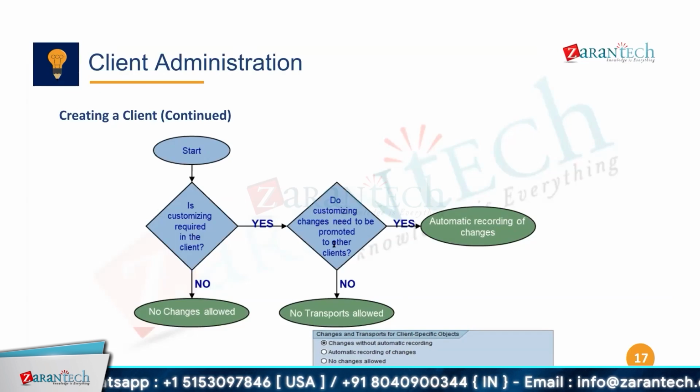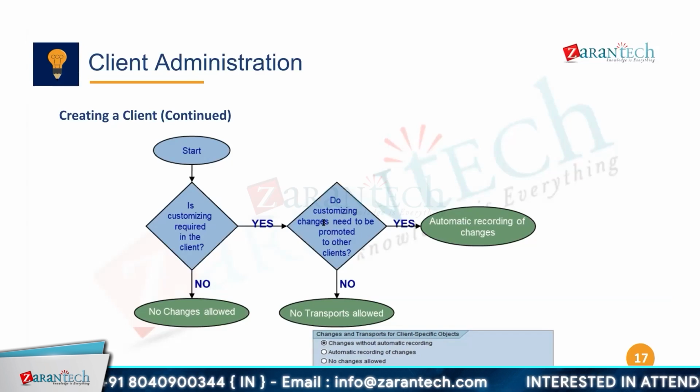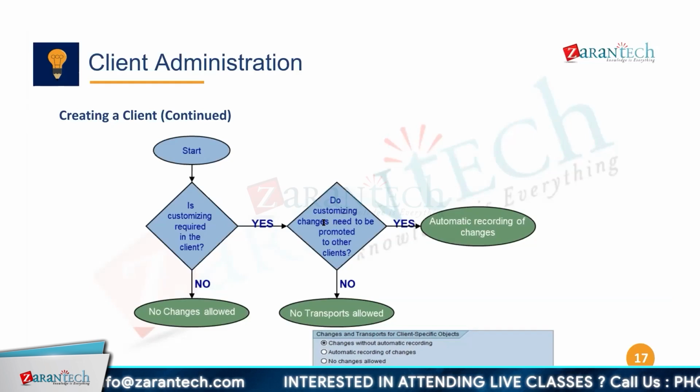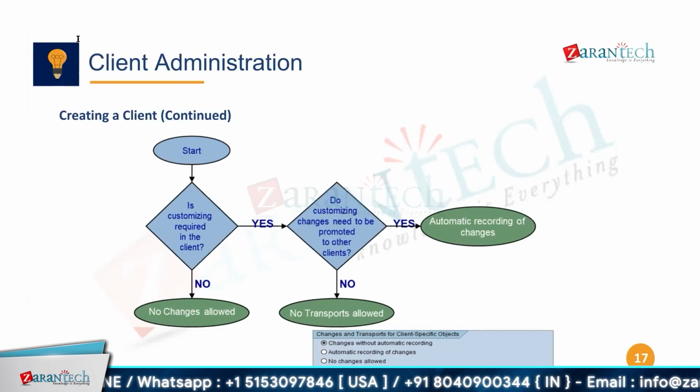Do the customizing changes need to be promoted to other clients? No, I don't want to move it to any other system. I don't want transports. I am happy with whatever I am developing in this system, as a cross-client customization so that everybody can access it in this system. Then it says no transports allowed, which is the fourth option.